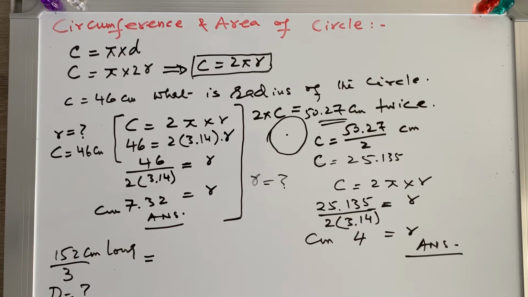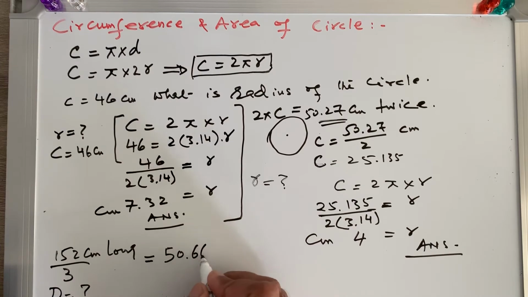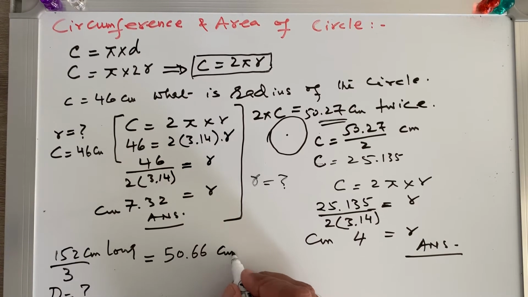So what we have to calculate first is the circumference, which is 152 divided by 3. Why divided by 3? Because Molly makes 3 identical circles with a string of 152 centimeters. So my circumference is 50.66 centimeter.